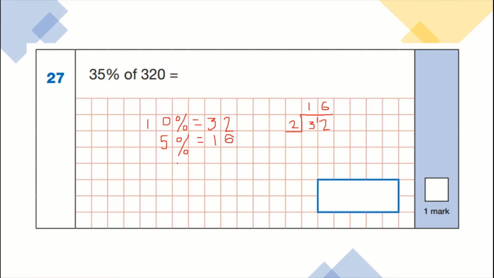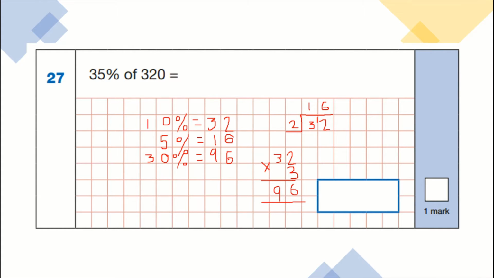Now we are going to work out what 30% would be. To work out 30%, we would times the 32 by 3. 32 times by 3. 3 times 2 is 6. 3 times 3 is 9. That would be 96.